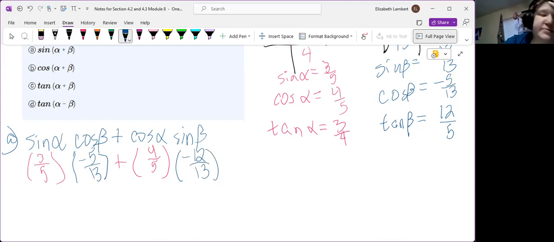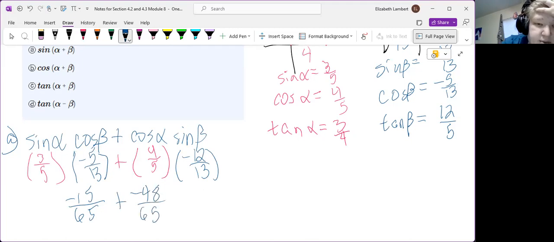And now we're just multiplying. So that is -15 over 65 plus -48 over 65. 3 carry a 1, -63 over 65. And strangely enough, that is lowest terms.